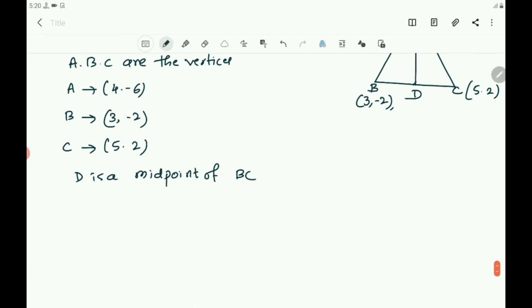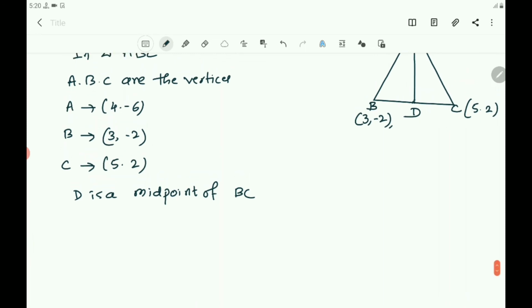Now let us find D. As D is a midpoint of BC, take the coordinates of the points B and C: B (3, -2) and C (5, 2).